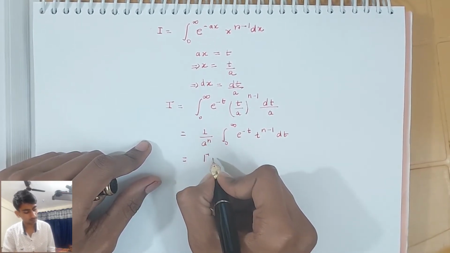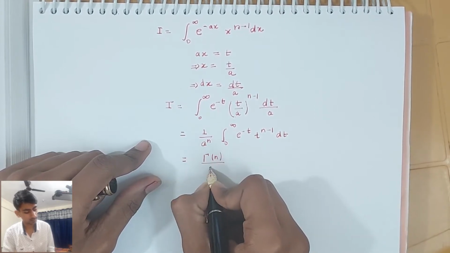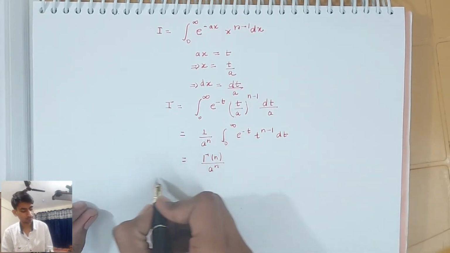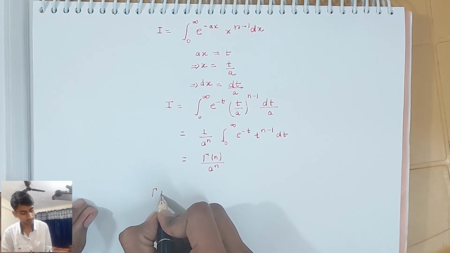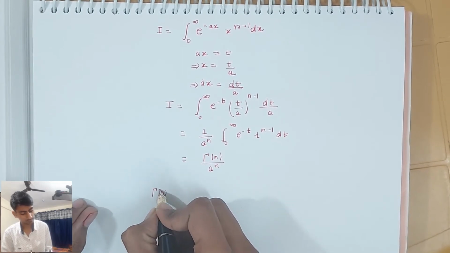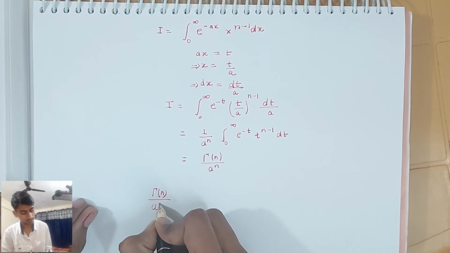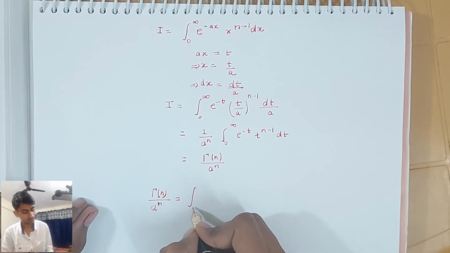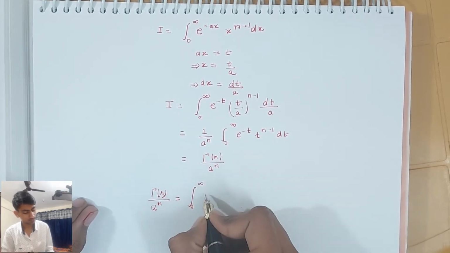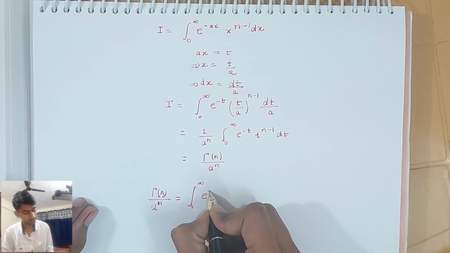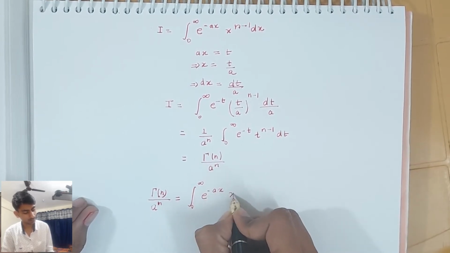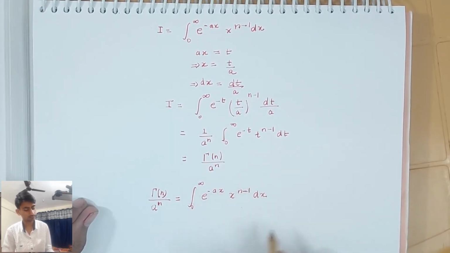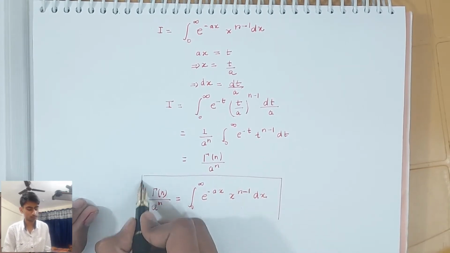So gamma n divided by a to the power n is equal to integral 0 to infinity e to the power minus ax, x to the power n minus 1 dx.